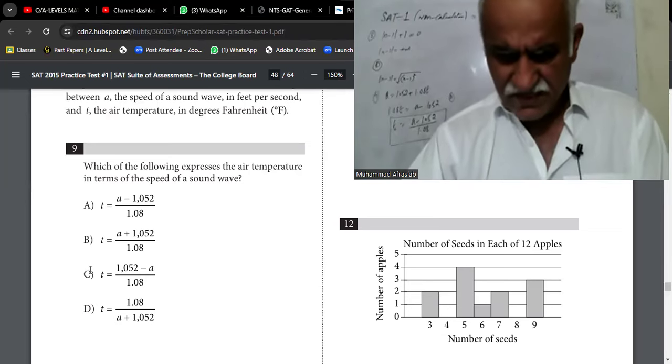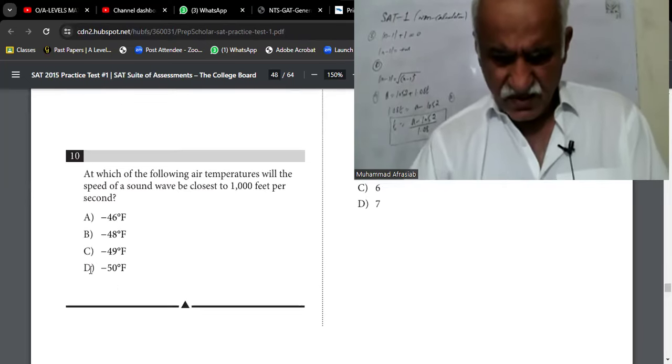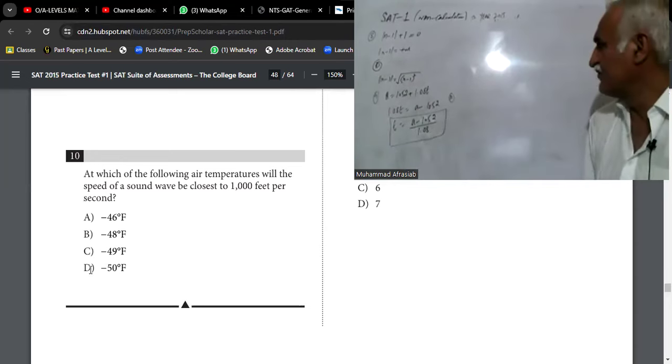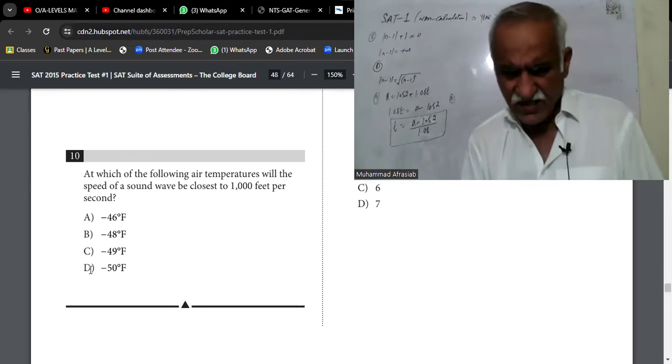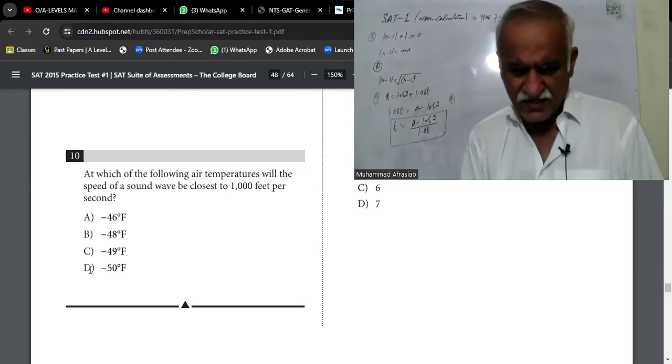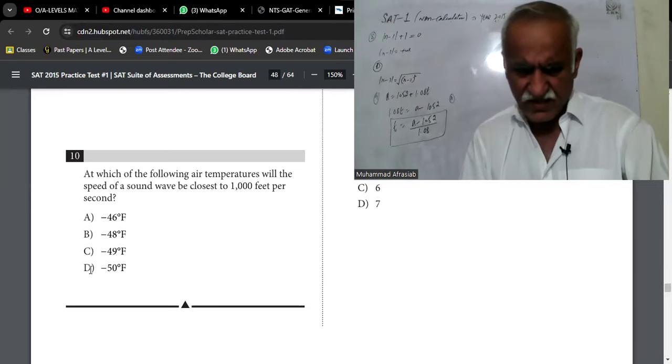Then question number 10, because 9 and 10 refer to the same information. At which of the following air temperatures will the speed of the sound wave be 1000 feet per second?